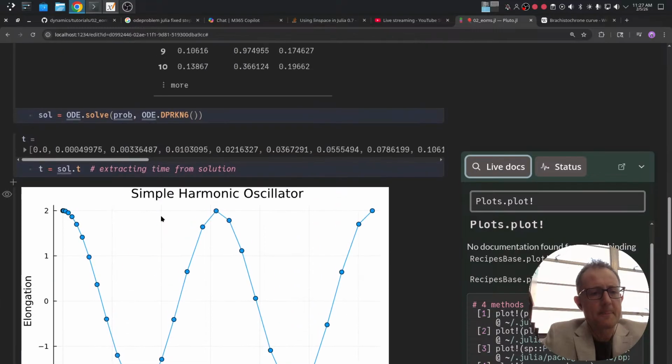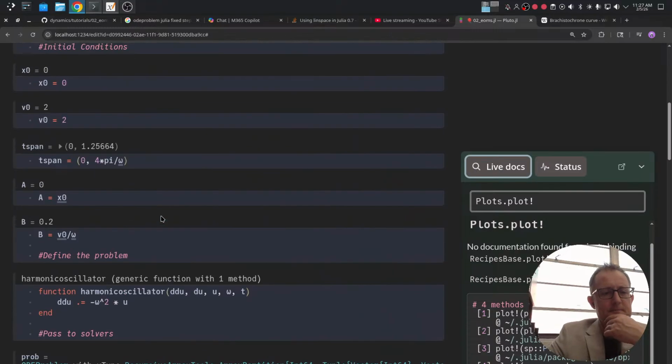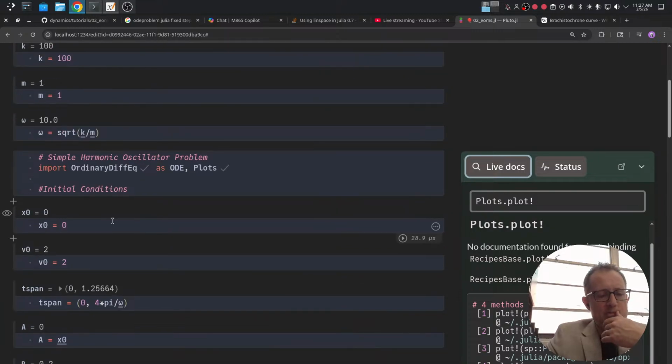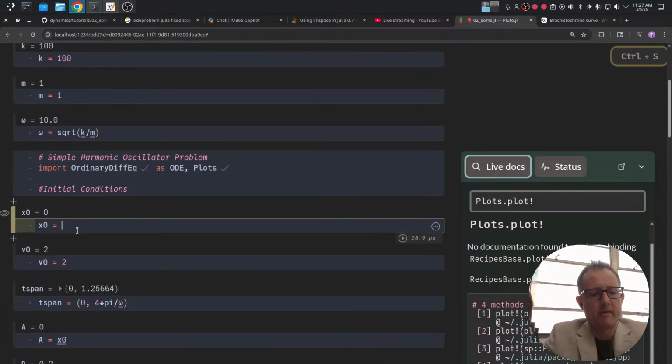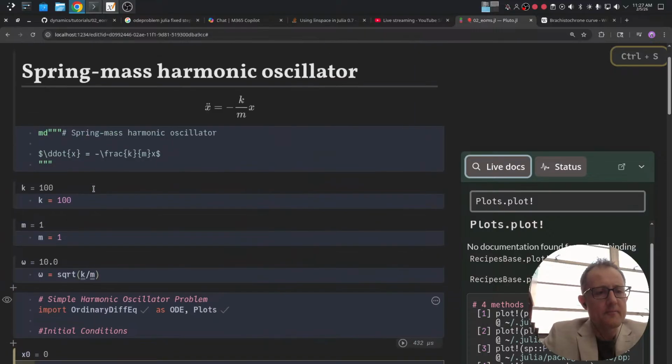Oh, interesting. What did I mess up? So x0 is 2, v0 is 0.